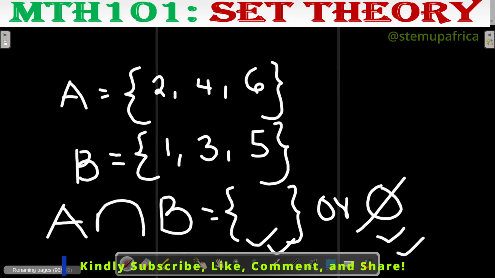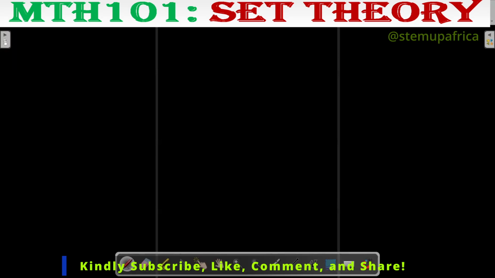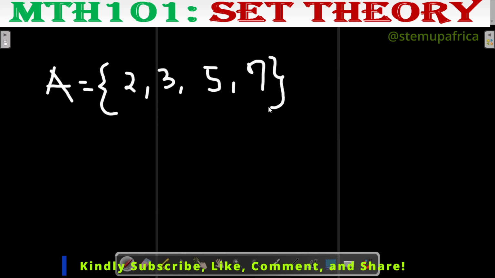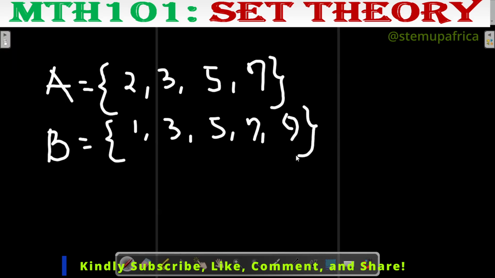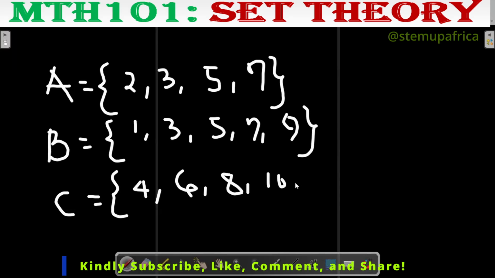Let's take the first one. They gave us set A as 2, 3, 5, and 7. Set B is 1, 3, 5, 7, 9. And set C is 4, 6, 8, and 10.